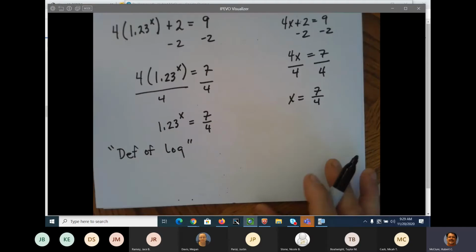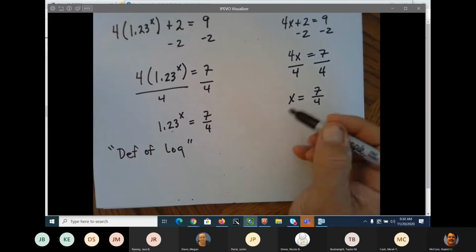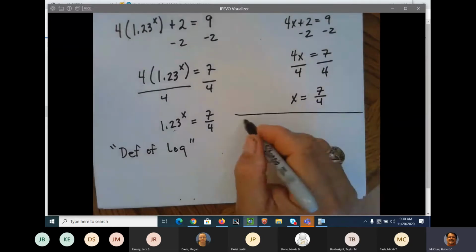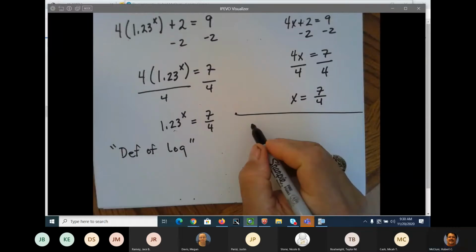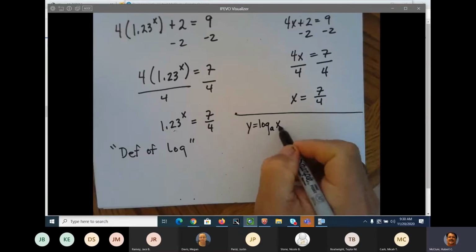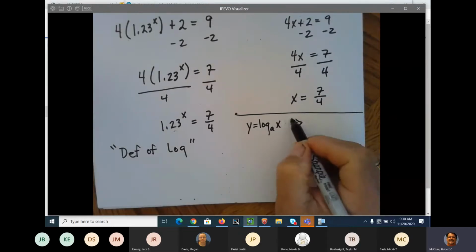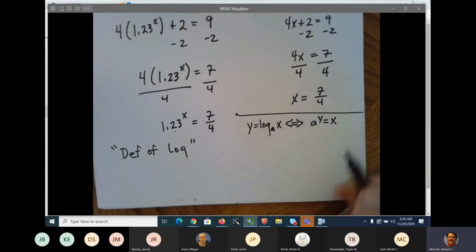You've got a to the y is equal to x. Let's go over the definition of a logarithm. Definition of a logarithm: y is equal to log base a of x yields a to the y is equal to x.